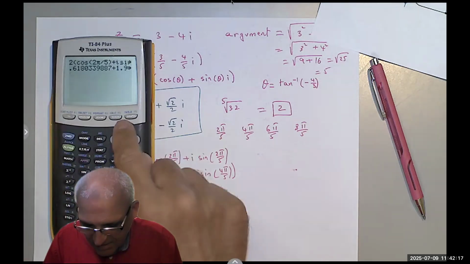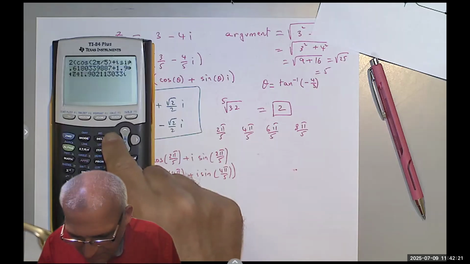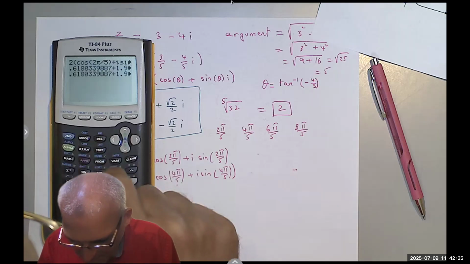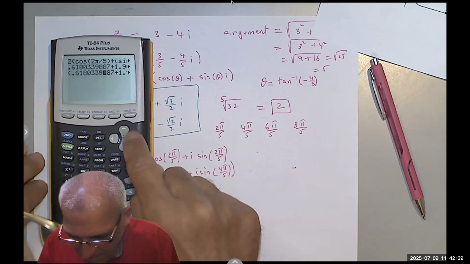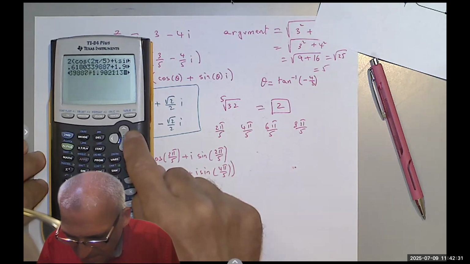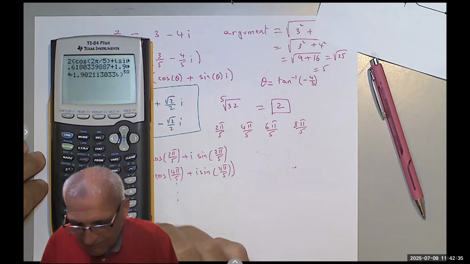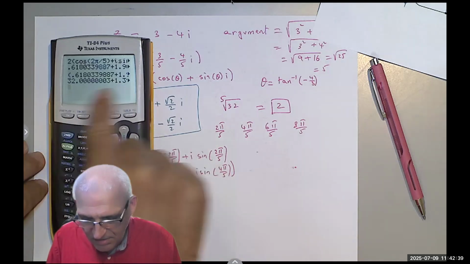If I take this number, maybe I should have had parentheses just to be on the safe side. Yeah, insert parentheses here, and a parentheses there, and take it to the power of 5. I got 32.